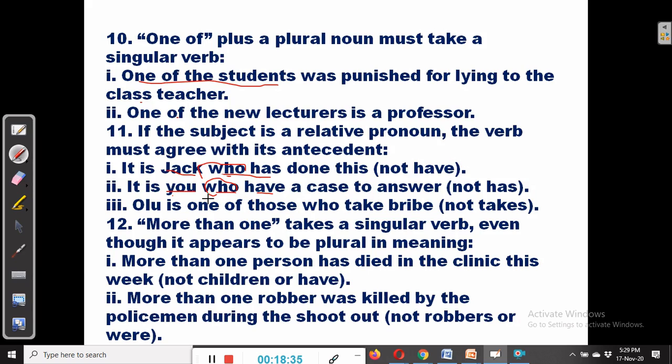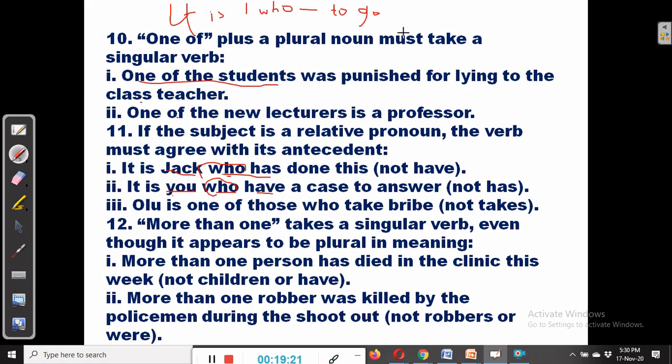Now, sometimes you find the examiners coming with a question like, it is I who dash, let's wipe this.